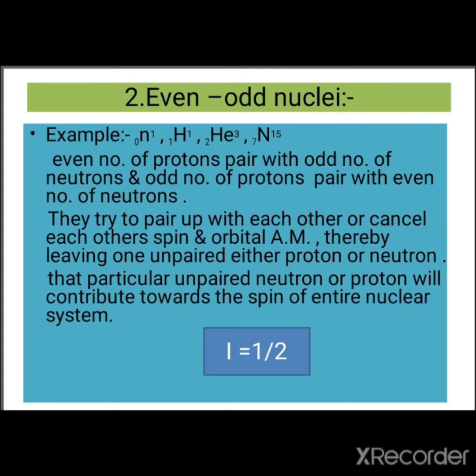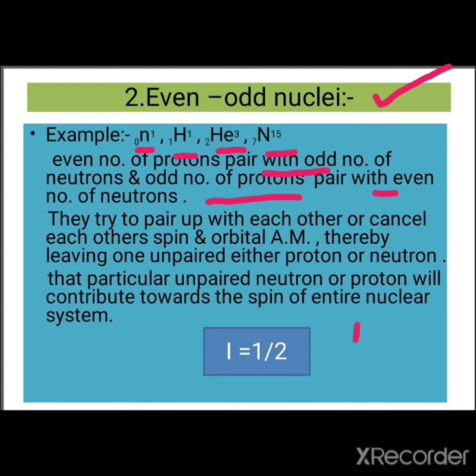Now further, that is even-odd nuclei. Here I have taken these examples of even-odd nuclei, that is 0n1, 1H1, meaning hydrogen, helium, and nitrogen. So here an even number of protons pair up with an odd number of neutrons, and an odd number of protons pair up with an even number of neutrons.